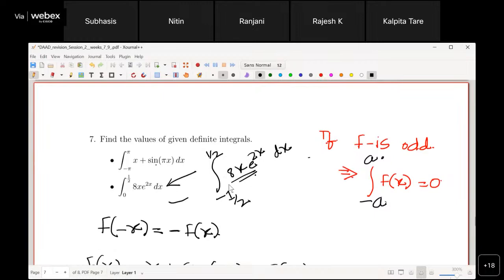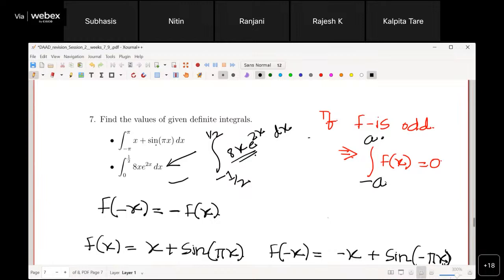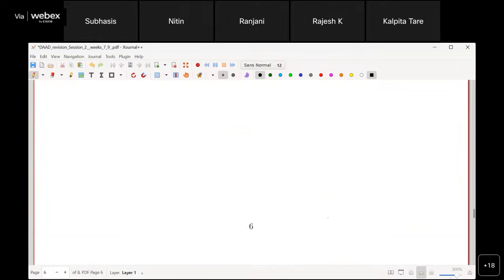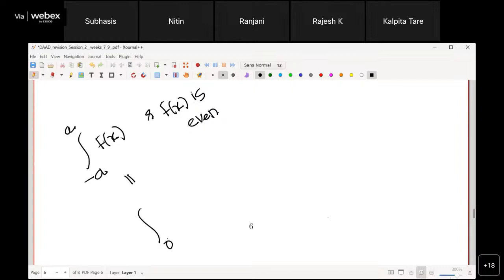No, there is not much shortcut. For an even function, you actually have to do the integration. Suppose you have the integral from minus a to a of f of x, and f of x is even. Then this is nothing but 0 to a, 2 times f of x.